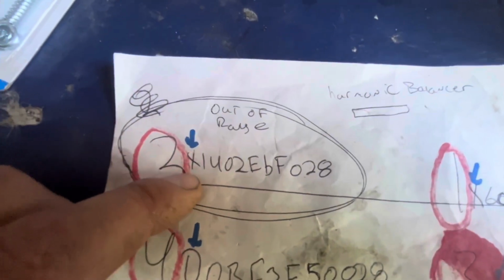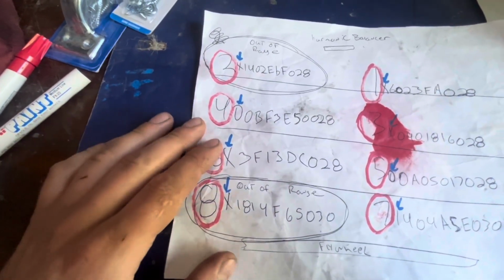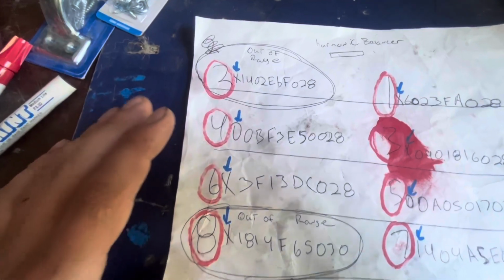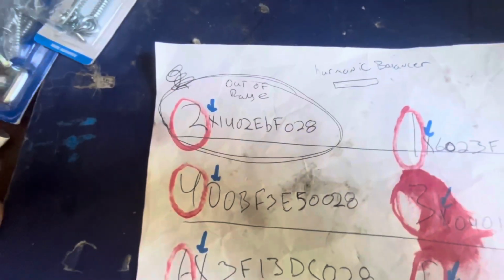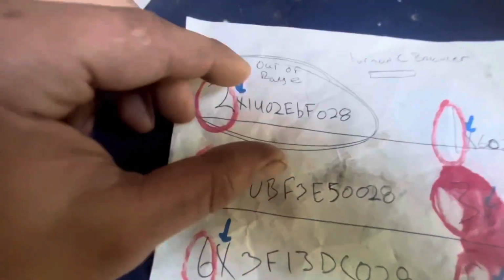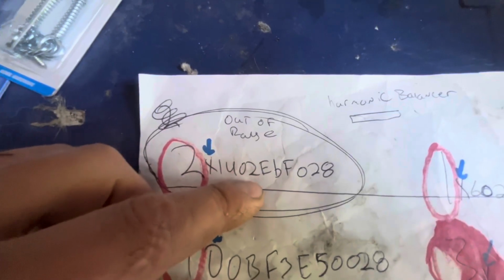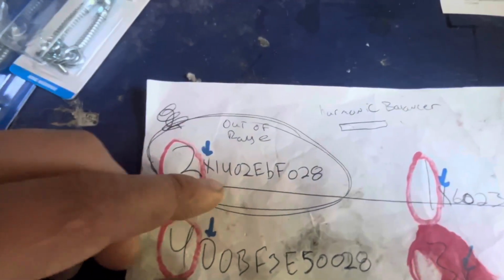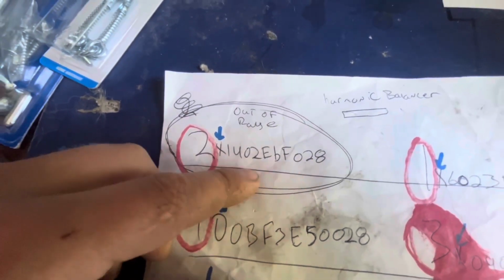The second one here, which I had an issue on both 8 and 2, is not really a mistake. This is more of a lack of knowledge, and also it's on GM and the way they write these numbers onto the injectors.